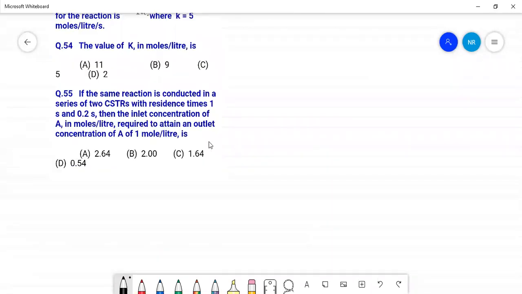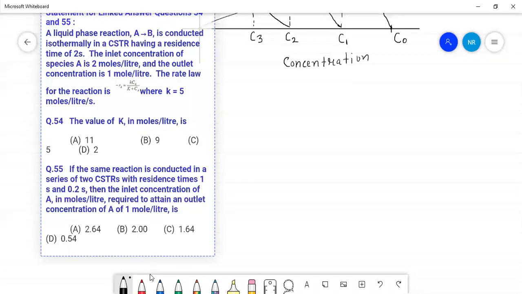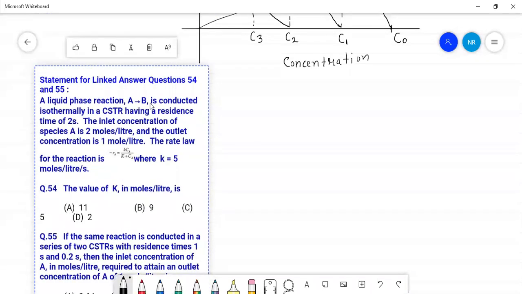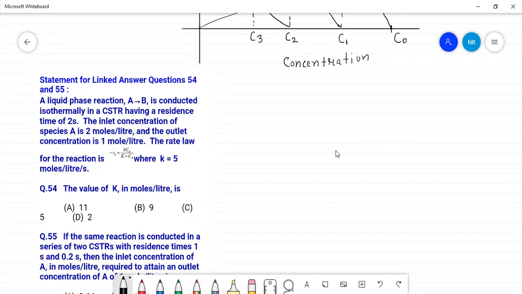The example is a liquid phase reaction A gives B conducted in an isothermal CSTR having a residence time of 2 seconds. Space time or residence time, it's the same; they are just using a different word. Residence time is 2 seconds, so we can consider tau as 2 seconds.